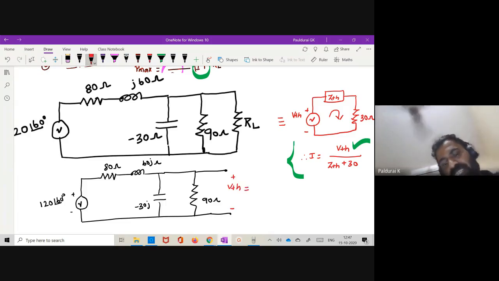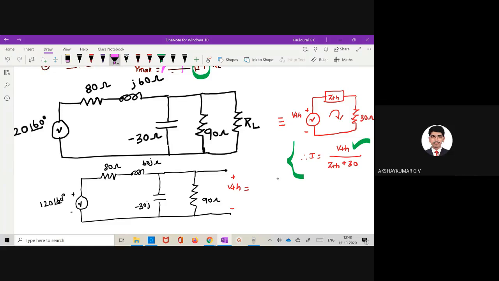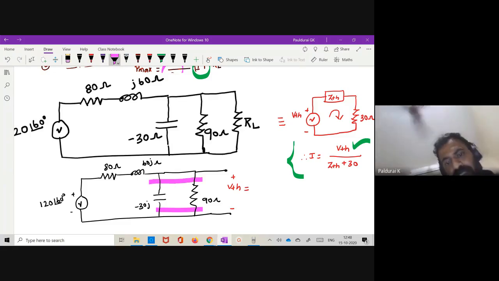So what is VTH, anyone? Actually the voltage across 90 ohm as well as minus 30. Okay, so you know how 90 and minus 30 are connected in parallel. So what is the equivalent resistance? Can you remember that? So this actually I am redrawing just for your reference. Plus minus, this may be VTH. This is 120 at an angle of 60 degree.